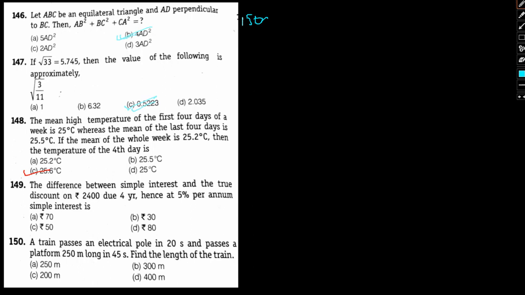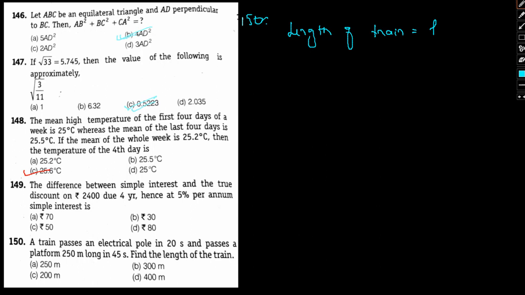Okay, so here suppose the length of the train equals L. What it does is it passes an electric pole in 20 seconds.